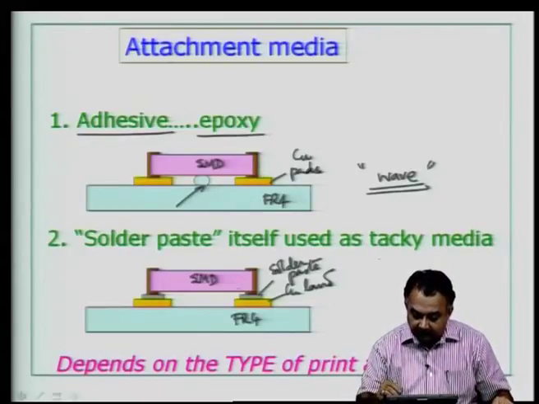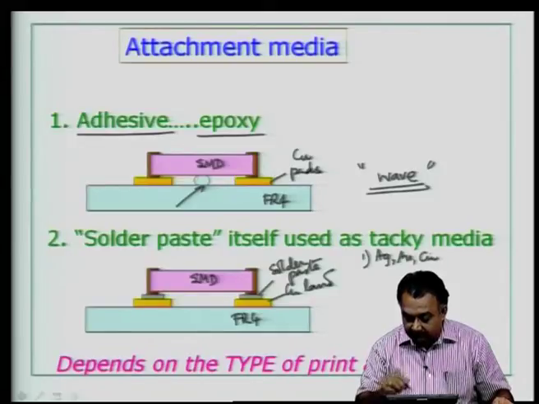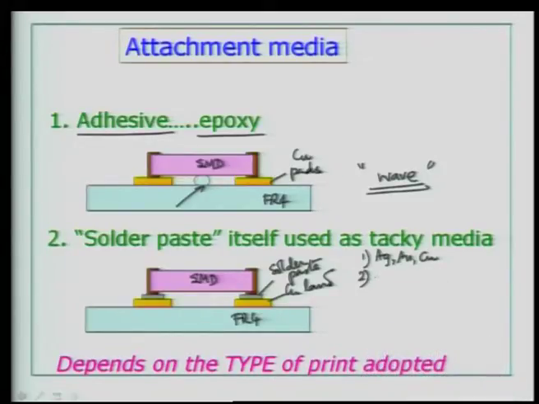So, typically a solder paste will have metal particles like silver or gold or copper. Then you have the epoxy media itself plus solvents. Then you have the binder or the glue, and then you have flux material and so on.